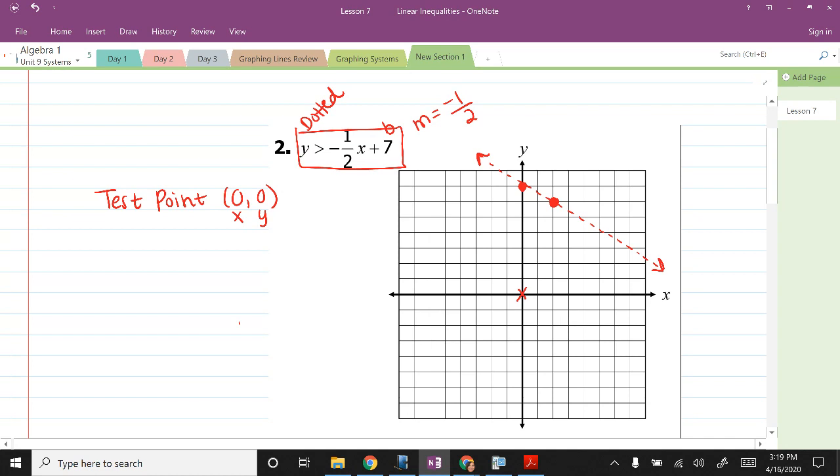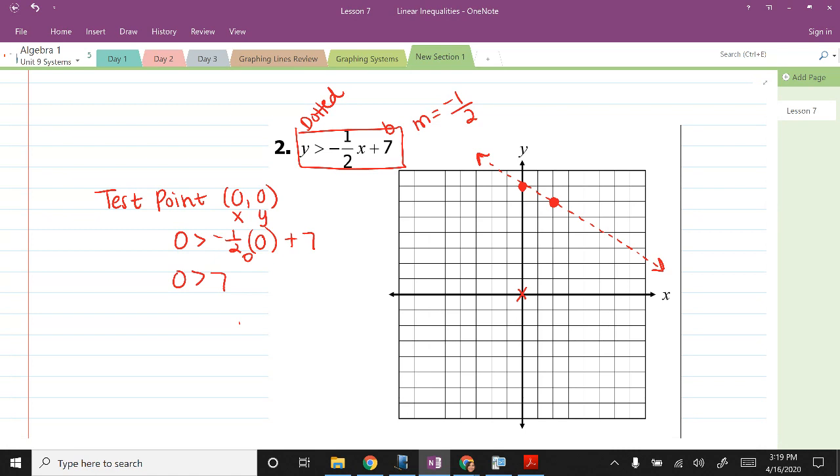In for y, I put 0, and then I have greater than negative 1/2 times x, and for x I'm putting 0, plus 7. Negative 1/2 times 0 is 0, and 0 plus 7 is 7. So that is saying 0 is greater than 7.